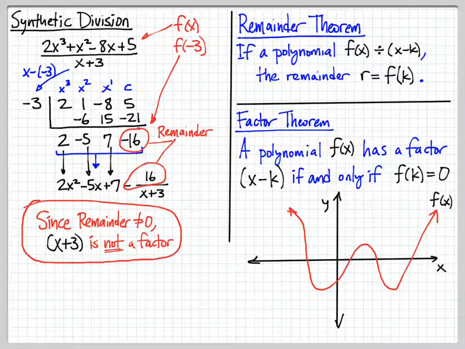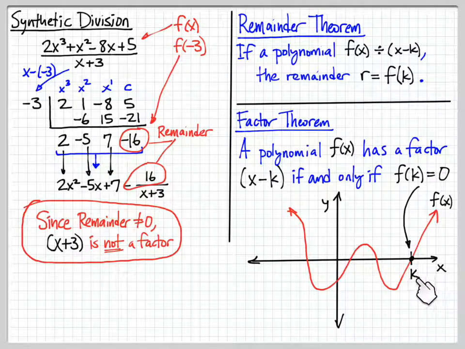If we have a polynomial and it has this kind of bumpy form here, if x minus k is a factor, then it means that we have this point k where f of k is equal to 0. Basically, it's saying it crosses the x-intercept right at k. That's what it means for us to have a factor.